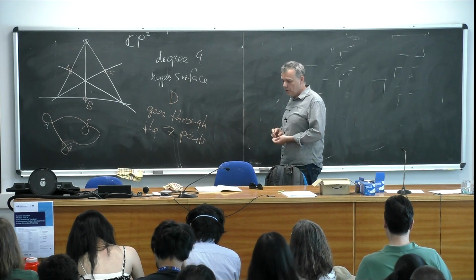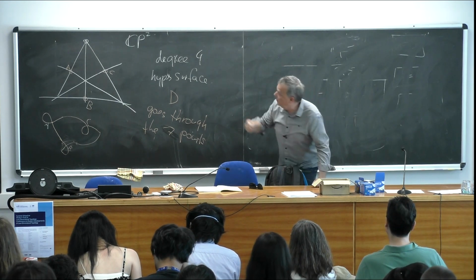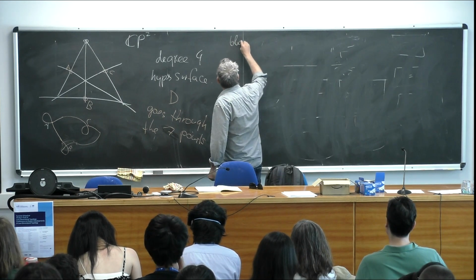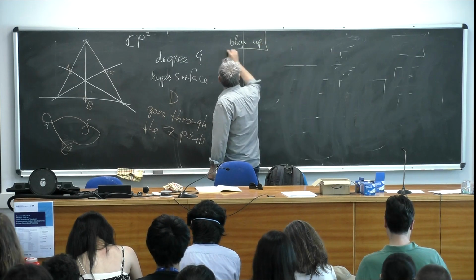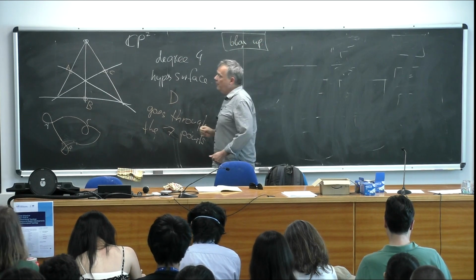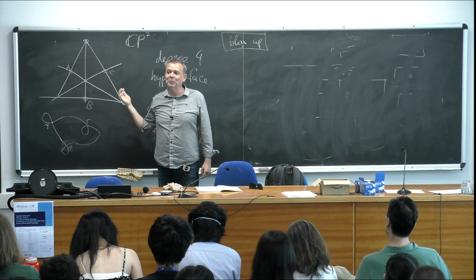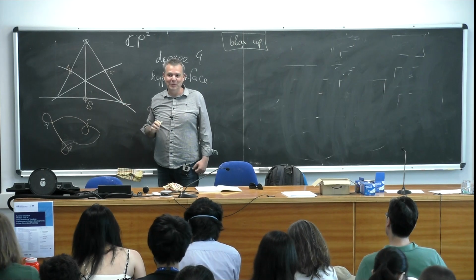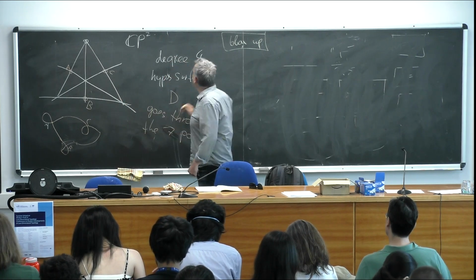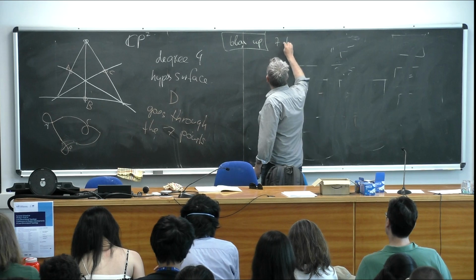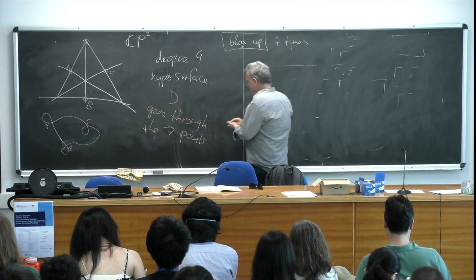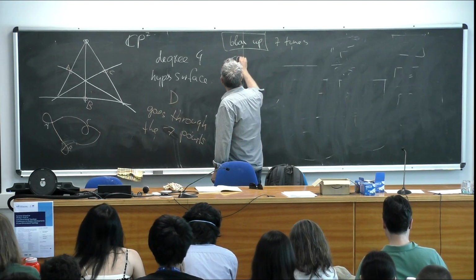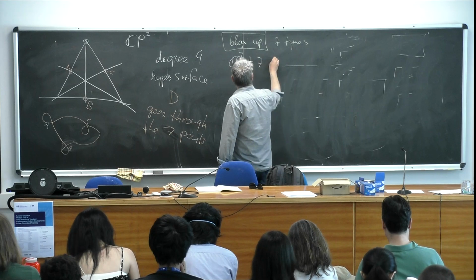The first thing we could do is to blow up where actually you see 7 points, blow up everywhere. Okay? So now CP2, so 7 times. So now we have CP2 blown up 7 times.